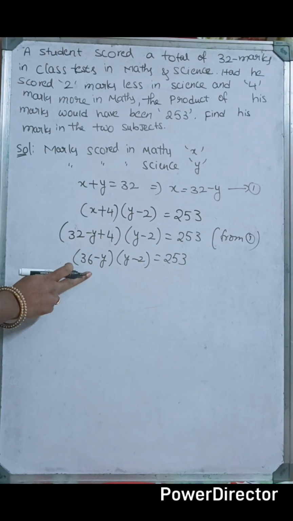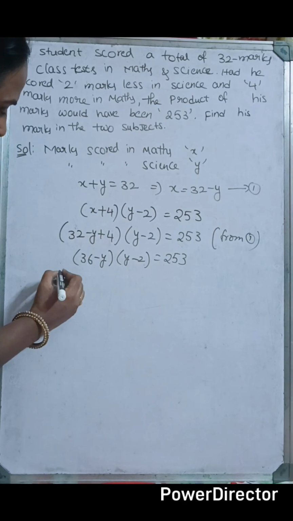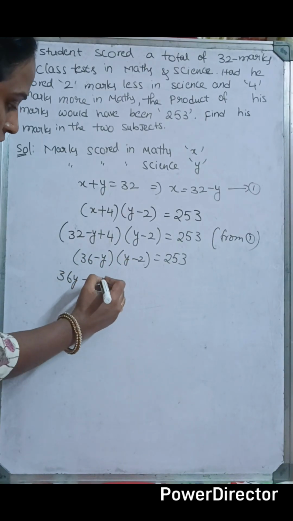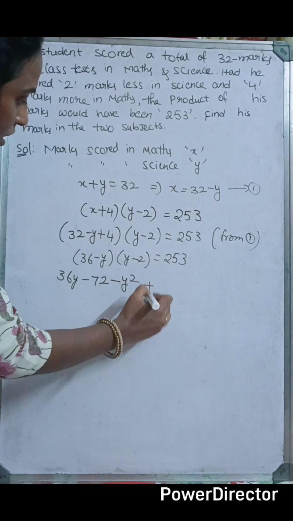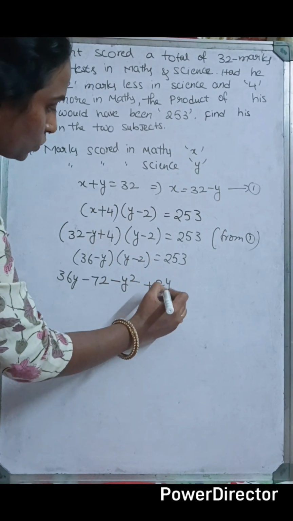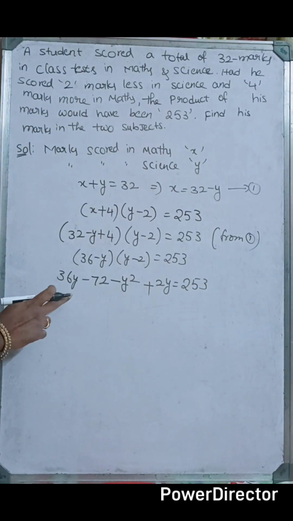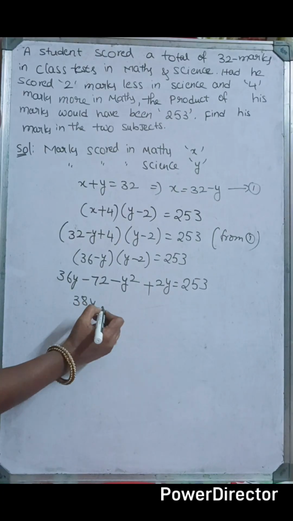We need to convert it into a quadratic equation by multiplying binomial into binomial. So 36 into Y, 36y. 36 into minus 2 is minus 72. Minus y into y is minus y square, then minus into minus is plus 2y, equal to 253. Now 36y plus 2y is 38y.